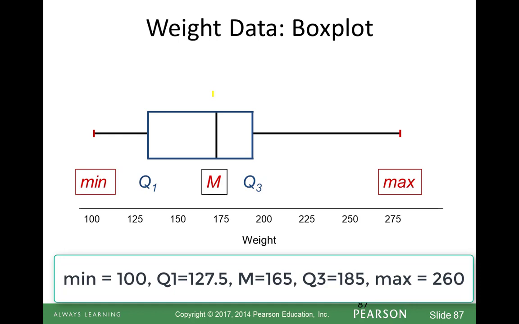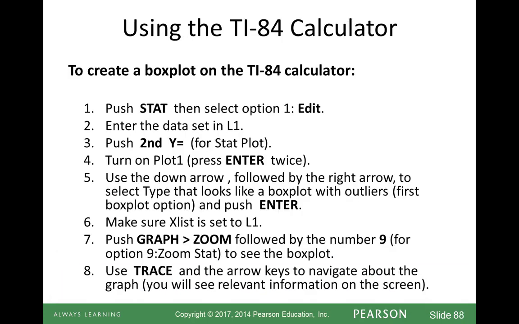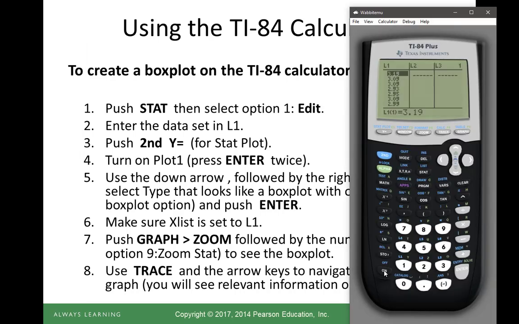Now, on the calculator, this is how we do it. So here are the directions. I'm going to pull up my TI-84. Let me turn it on. I have the gas data, and I used all 12 data points that are in your textbook rather than the 10 that are on the previous slides.